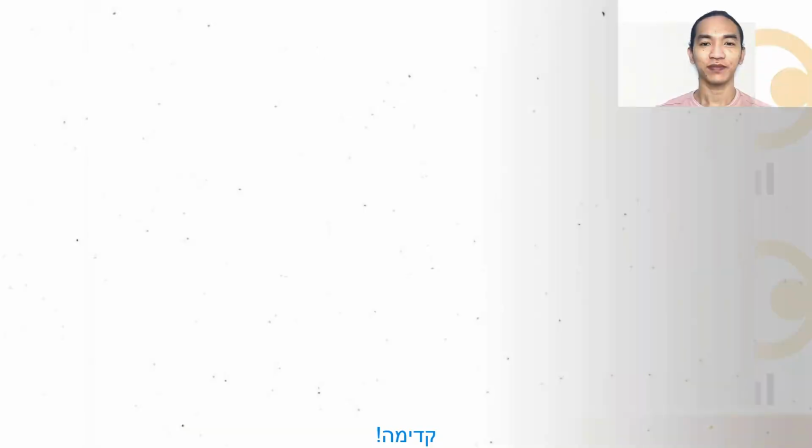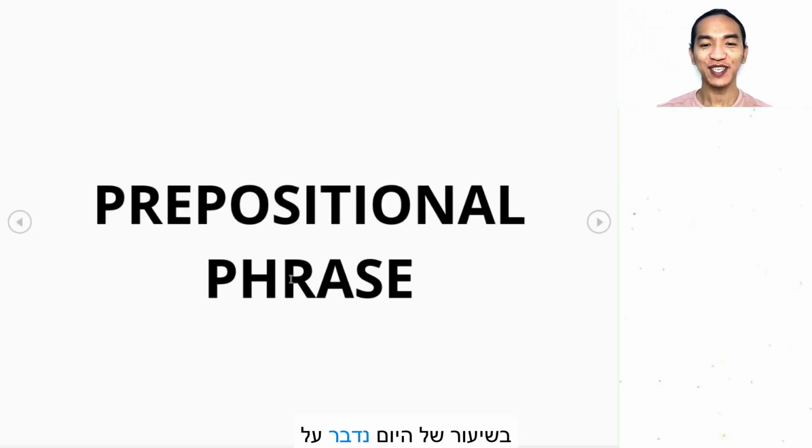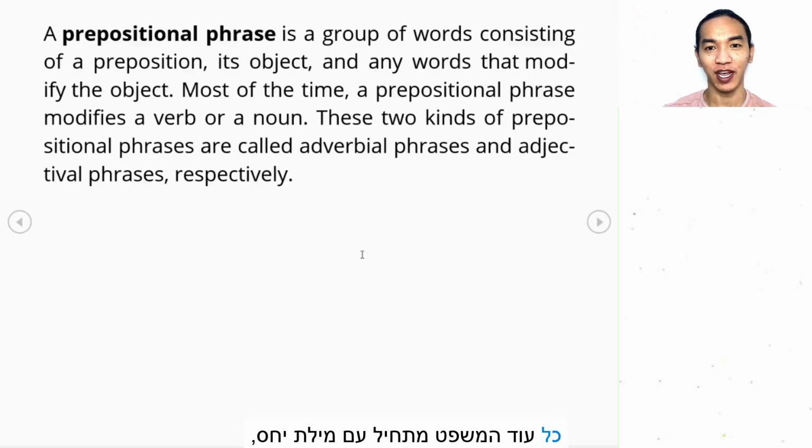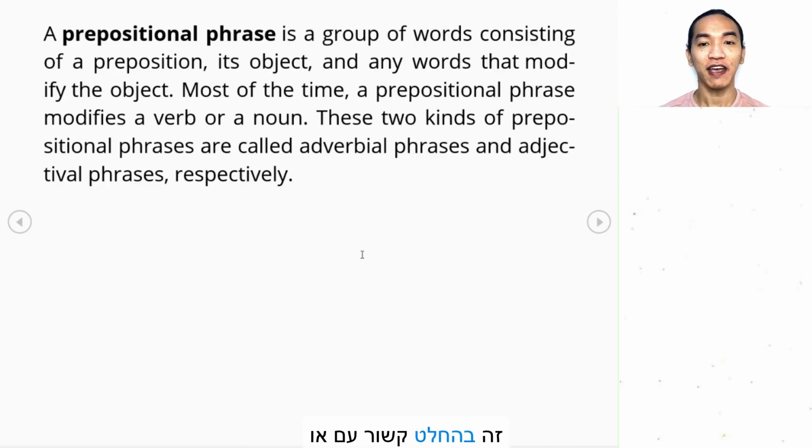Let's go. So for today, let's go ahead and talk about prepositional phrases, okay? So what are prepositional phrases? A prepositional phrase is a group of words consisting of a preposition, its object, and any words that modify the object, okay? So as long as it starts with a preposition, then definitely it is connected with other words.